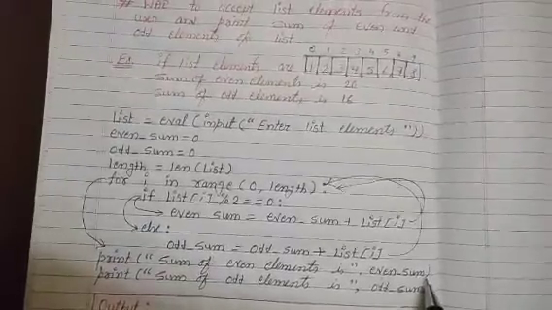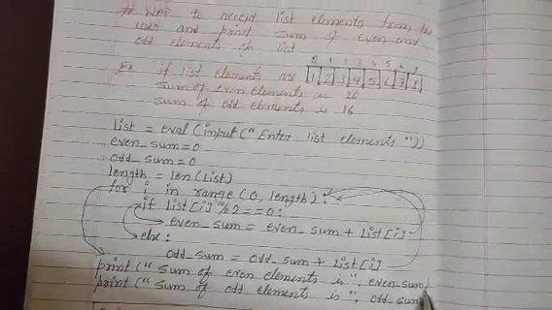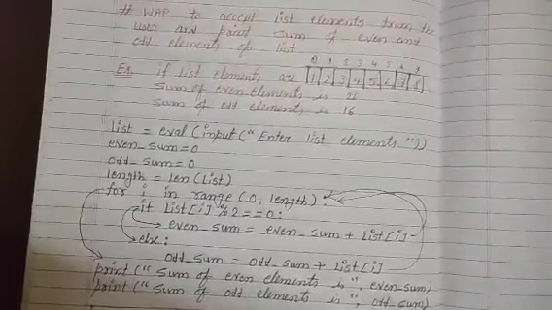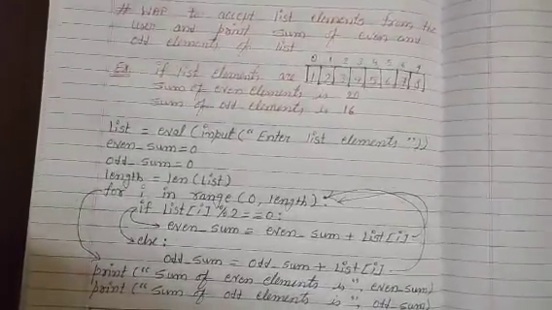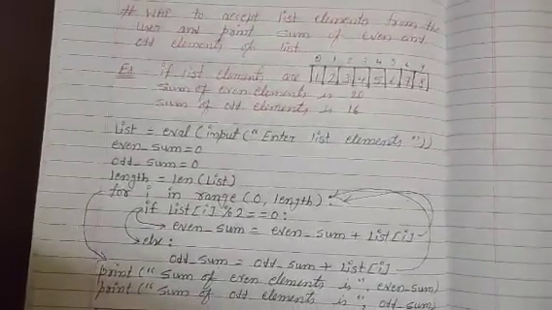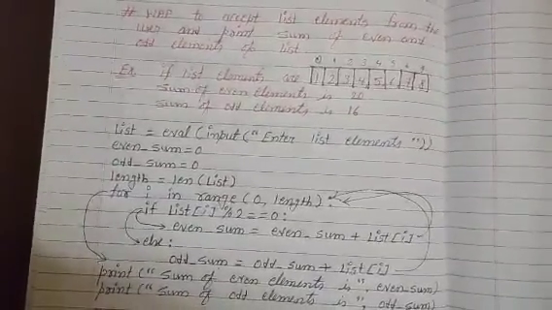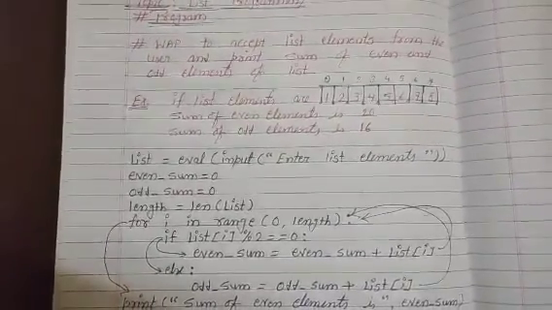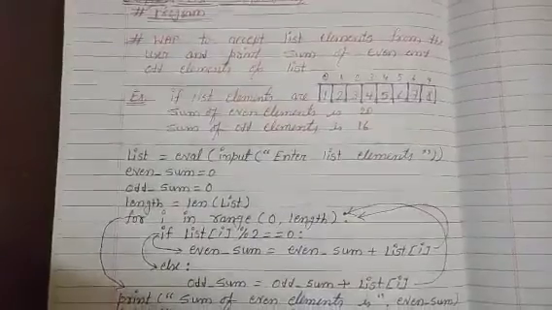The even sum variable contains the sum of all the even elements, and the odd sum variable contains the sum of all the odd elements. So finally display even element sum is even sum and odd element sum is odd sum. This is the concept of the sum of even and odd elements of a list.